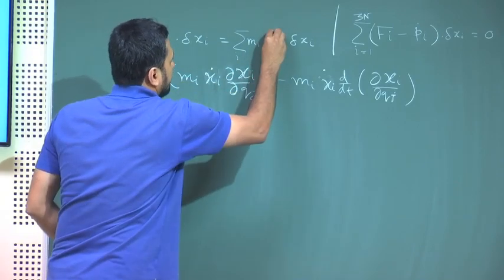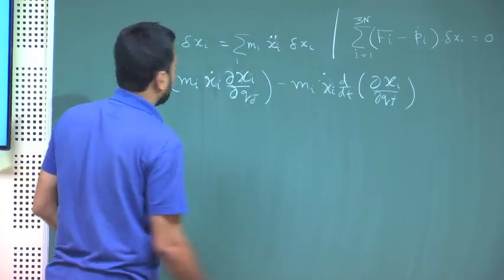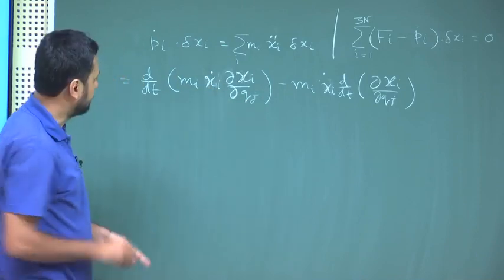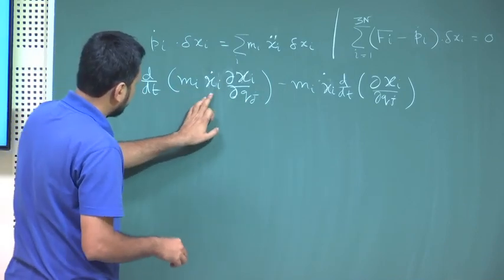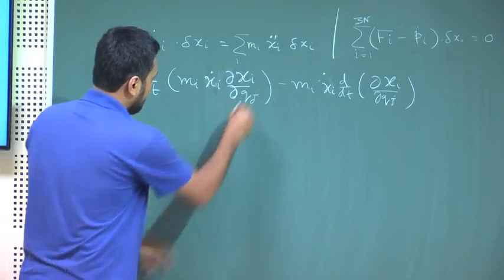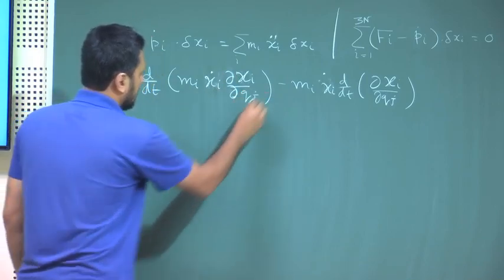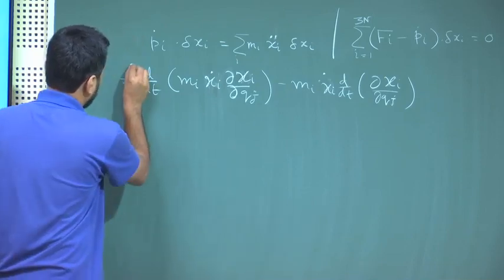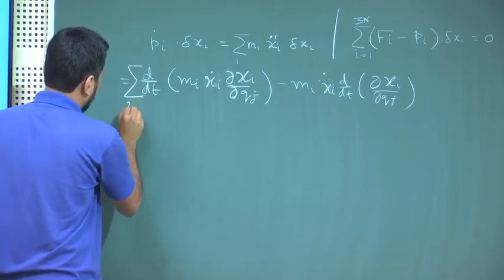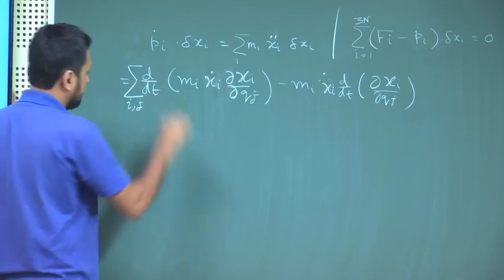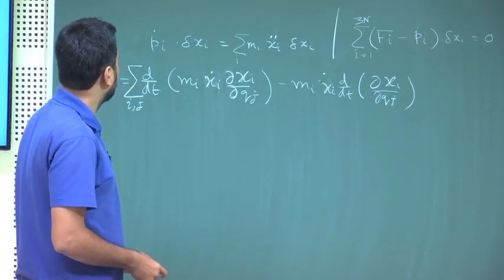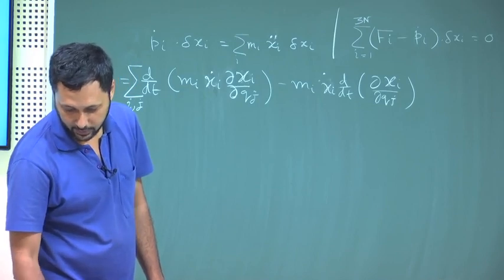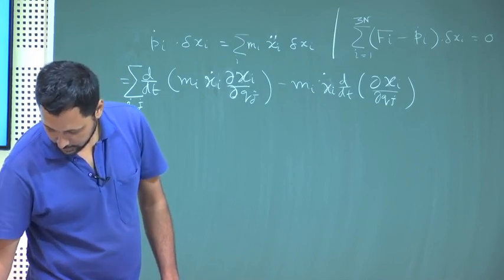I hope it is clear, two dots, which we could write in this particular form, which is ddt of mi xi dot del xi del qj. And we also have to understand that this is a double sum over i and j.